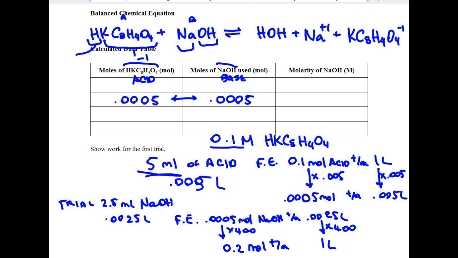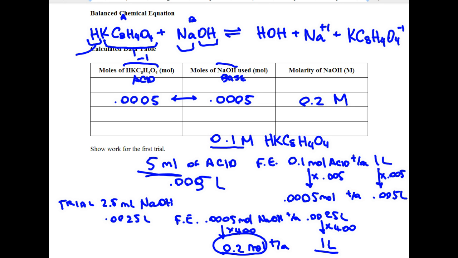When you have a for every statement that has so many moles for 1 liter, the most important part being this 1 liter part, whatever amount of moles you actually have, that is the molarity. So in this fake trial, what we find is that the molarity of this NaOH is 0.2 big M. Big M stands for molarity.